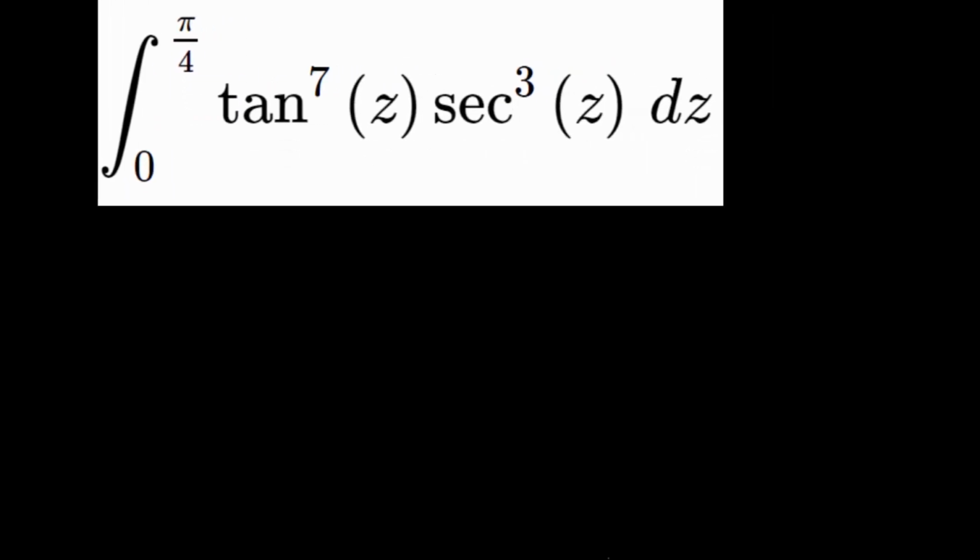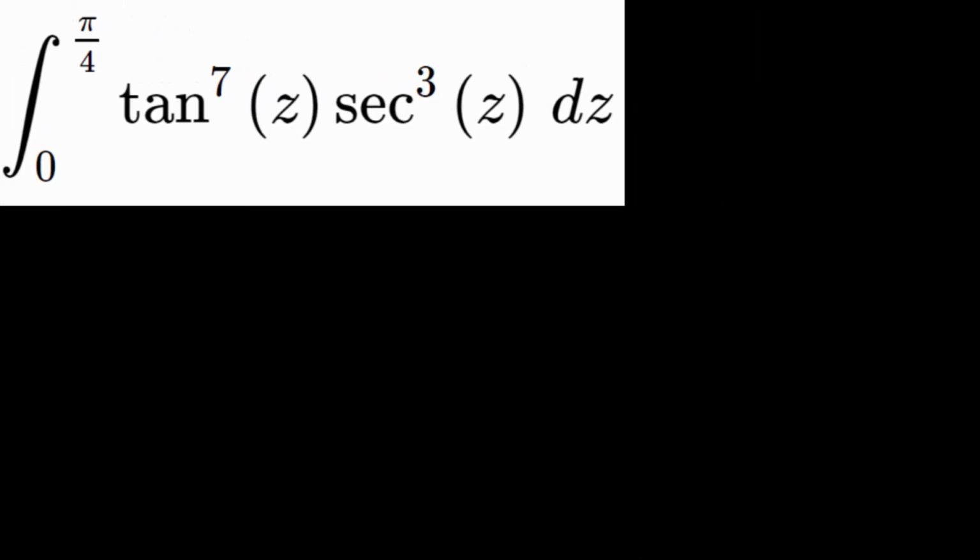The general idea is that we want to use different trig identities and a u substitution. The strategy will depend on whether the tangent and secant are raised to even or odd powers. We either want to make a u substitution where u is the tangent of z, so then du would be the secant squared of z dz.